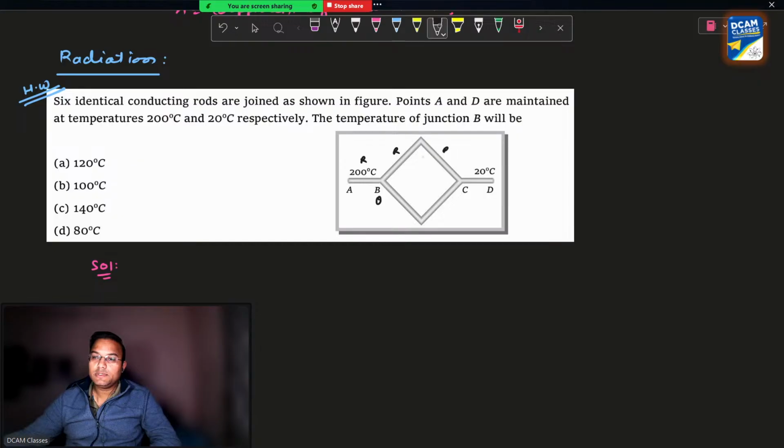Resistance will be the same for all. So this is 2R and 2R in parallel.